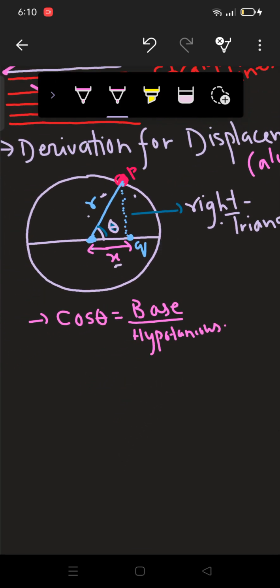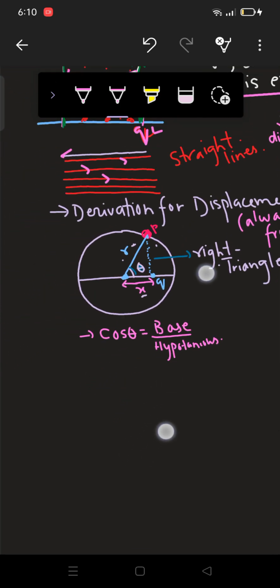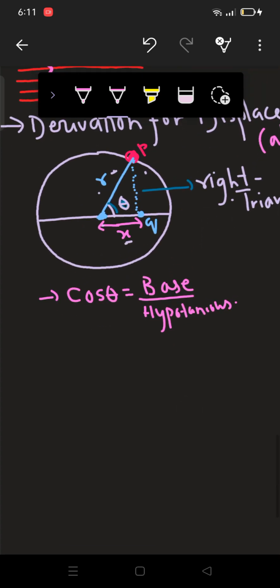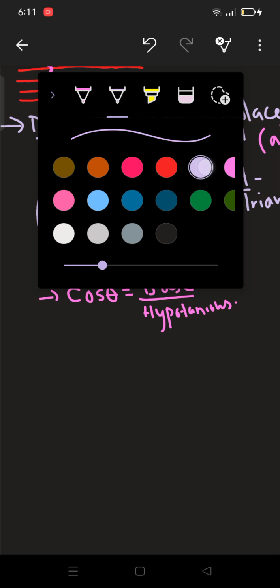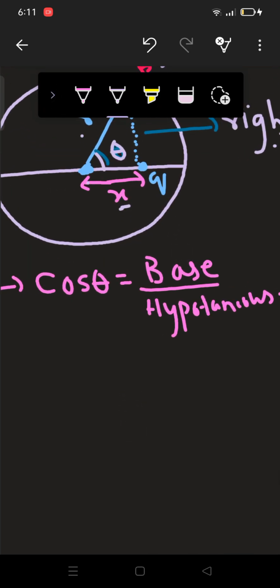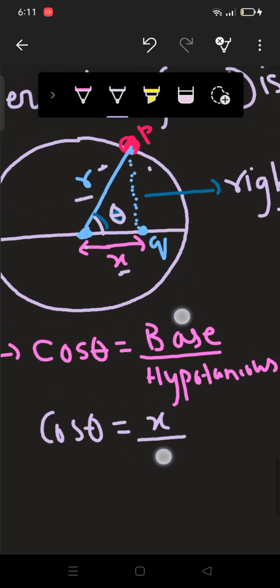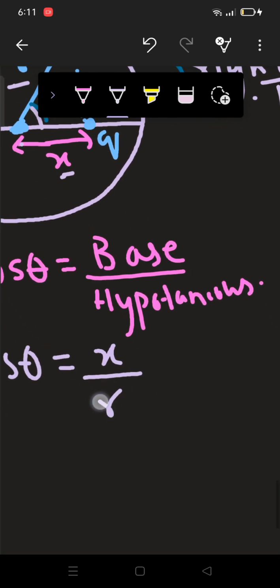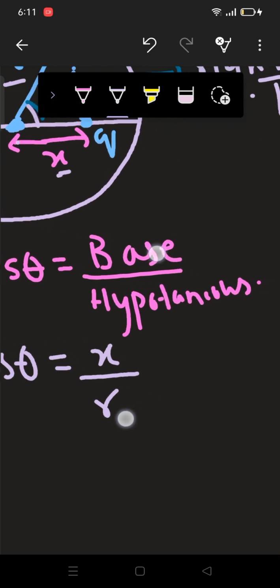Now see, what do we have as base here? We have base x, so I can write cos theta is equal to base, we have x, and hypotenuse here is r, so we have written r here. Now what will we do here? We need to find x, since x represents the displacement.